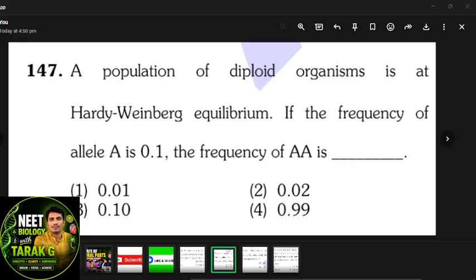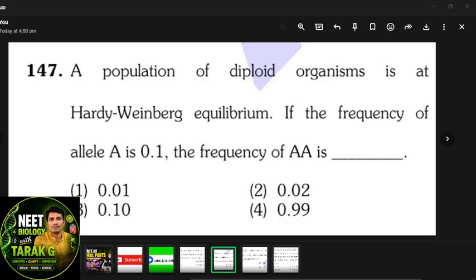Actually, the Hardy-Weinberg binomial expression is p square plus 2pq plus q square is equal to 1, right? Here they asked for the capital A genotype. Capital A is nothing but p, so p into p is p square.